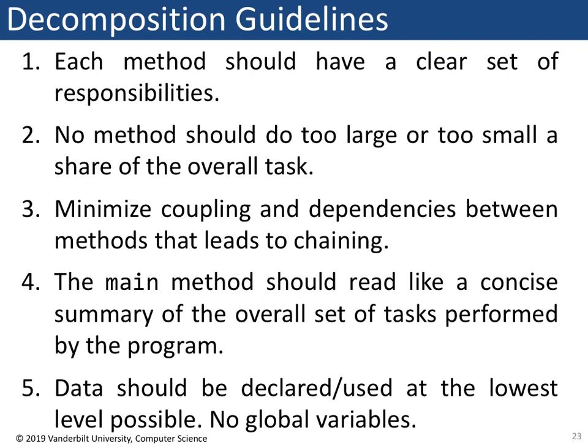Minimize coupling and dependencies between the methods, because this will lead to chaining. So it's okay if one method calls another, because, I'll give an example. When we were drawing the shapes in a few lectures back, our draw egg called the draw egg top and draw egg bottom.